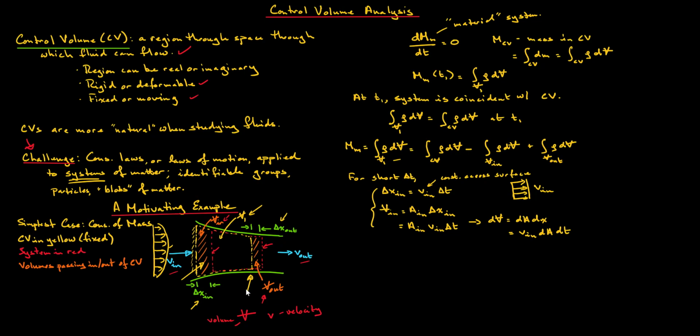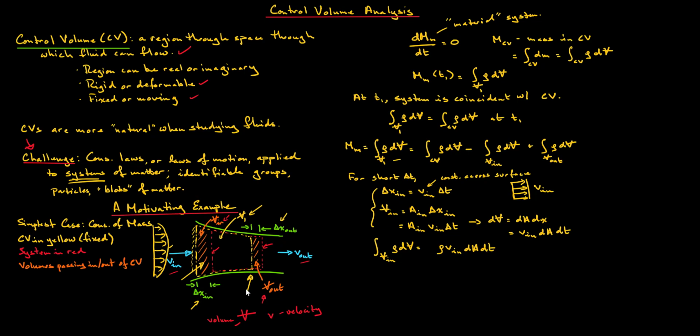Okay. So what this gives us is that the mass that has passed through V in will be equal to rho V in dA dt.